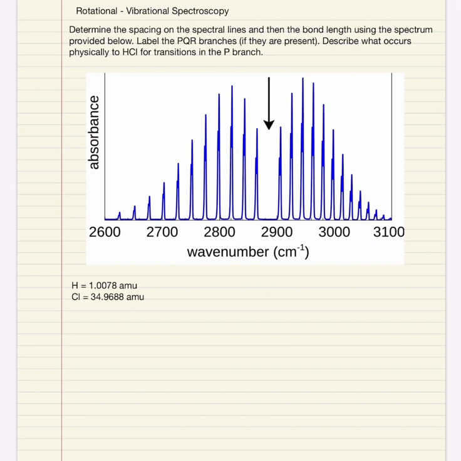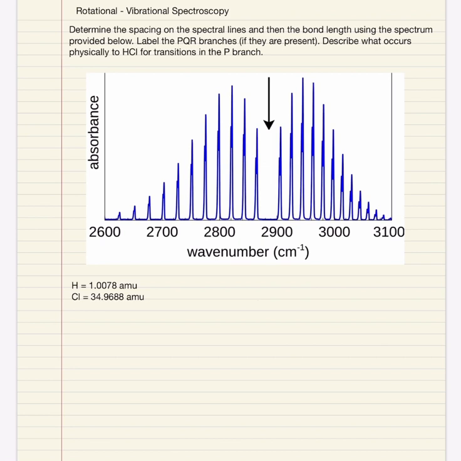Before we determine the spacing on the spectral lines using the math, we're going to talk a little bit about the spectrum. If you look at the spectrum, the y-axis is absorbance, whereas the x-axis is in wave number.